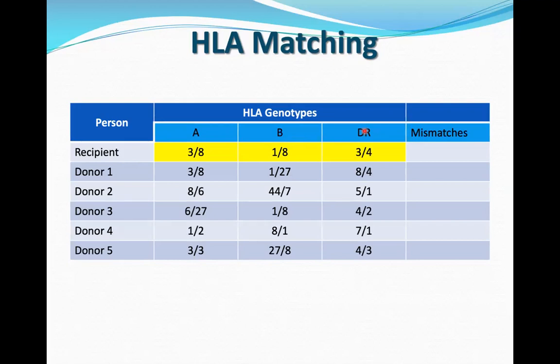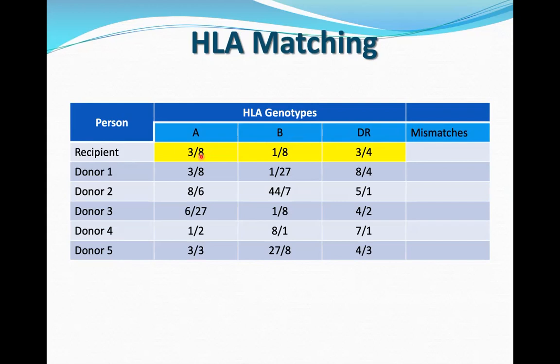Remember, because the expression is codominant, we're expressing 1 allele from the mother, 1 allele from the father. And it doesn't matter in what order these alleles are.